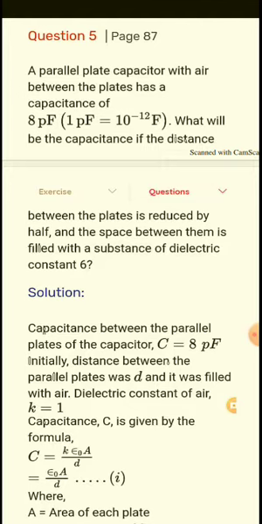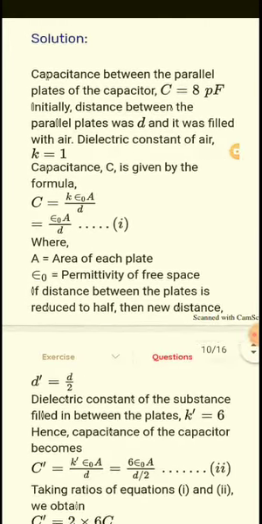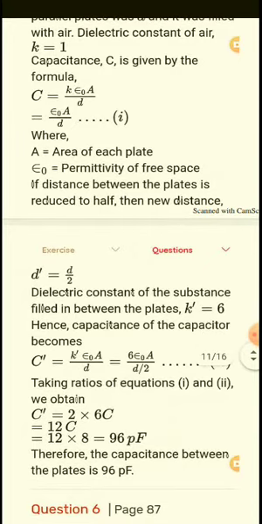The formula is C is equal to K epsilon naught A divided by D. Here the K value will be 1 because it is of air, so the equation can be written as epsilon naught A divided by D. A is the area of the plate, epsilon naught is the permittivity of free space. Okay, so what is the second part given?